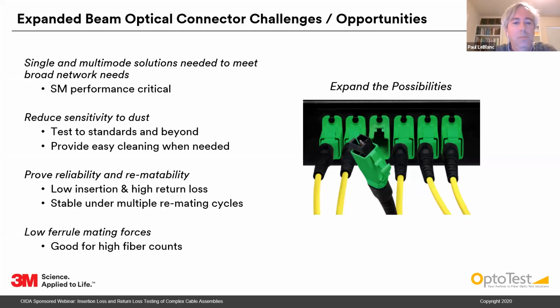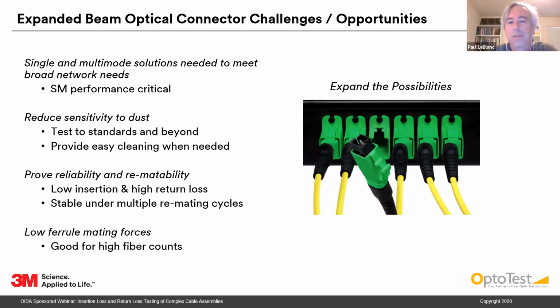And lastly, we were focused on developing a connector design that would utilize this expanded beam ferrule in a way that could be scalable. To that end, the solution that we have has low ferrule mating forces, and this helps you to develop connectors that have even very high fiber counts. We won't have a chance to cover that today, but that is one advantage.